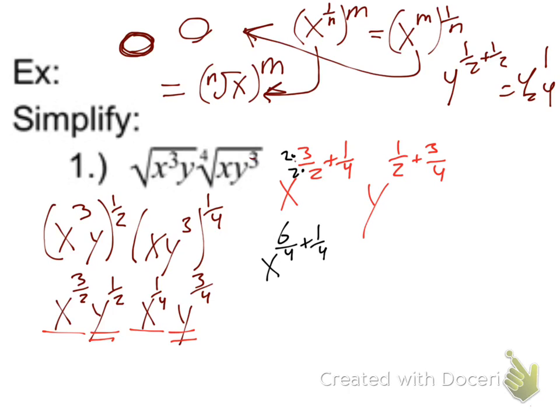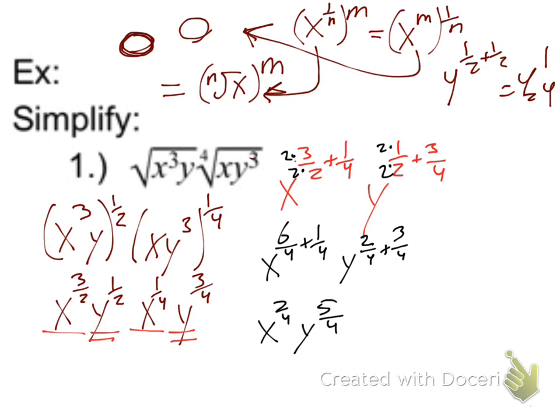I can do the same thing with the y to the 1/2 plus 3/4. 2 and 2. So then I have y to the 2/4 plus 3/4. And so I get x to the 7/4, y to the 5/4.